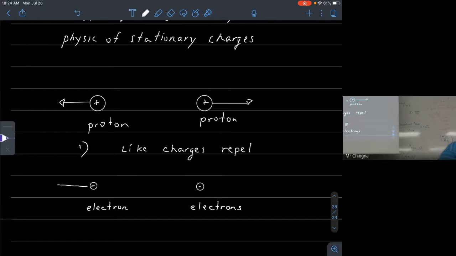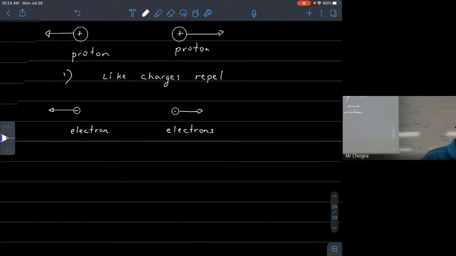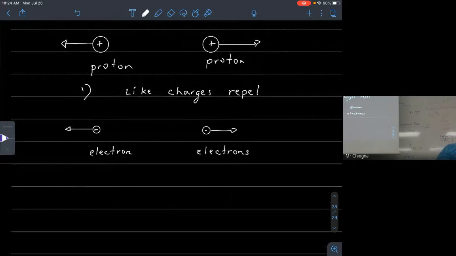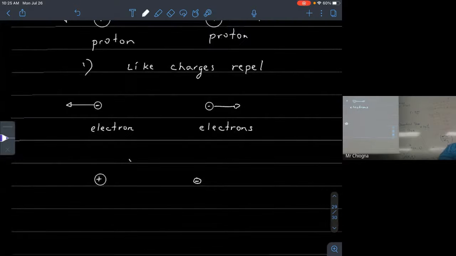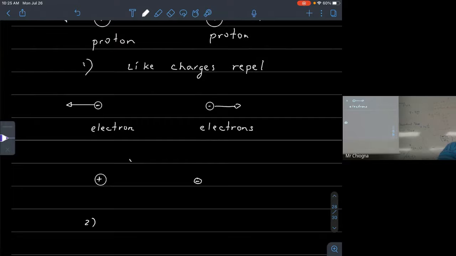Same thing applies to this. They repel. Second rule, opposites attract.